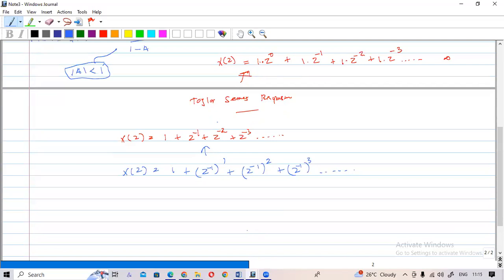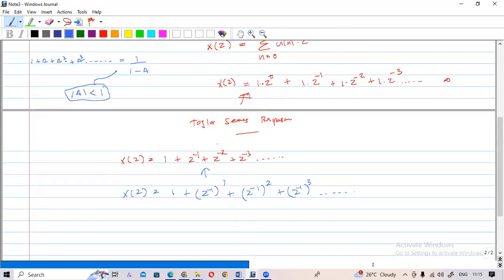So using this expansion, using this solution, now we can write this as, okay, this X(z), the Z transform of u[n], as 1 over 1 minus, instead of this a, z^(-1) is identical to a, okay. So this will be 1 over 1 minus z^(-1). So this is the answer, okay. And this solution is valid if the magnitude of z^(-1) is less than 1, okay.